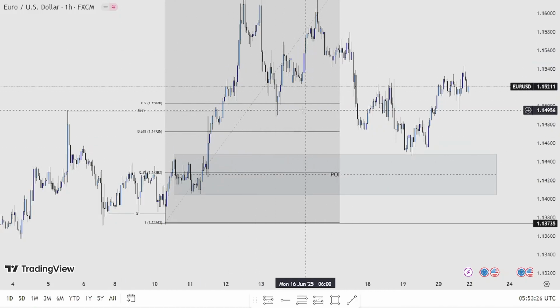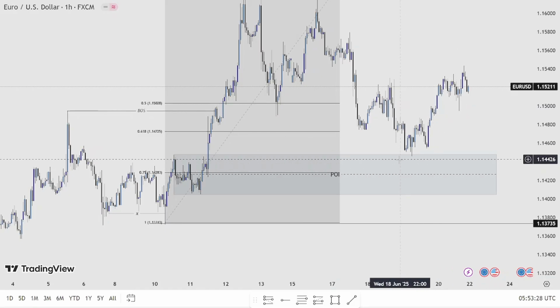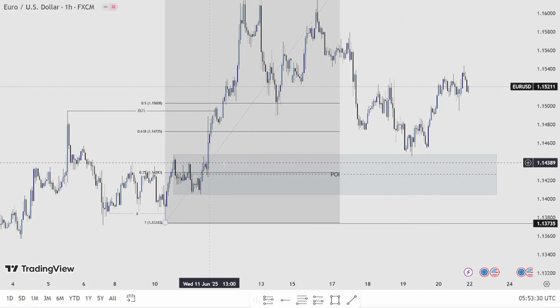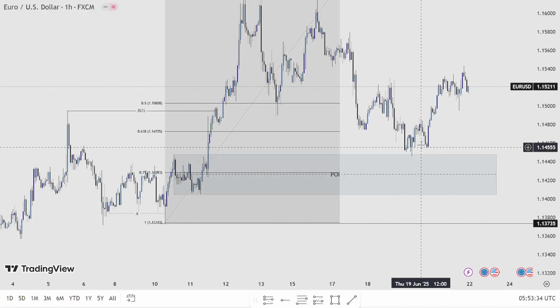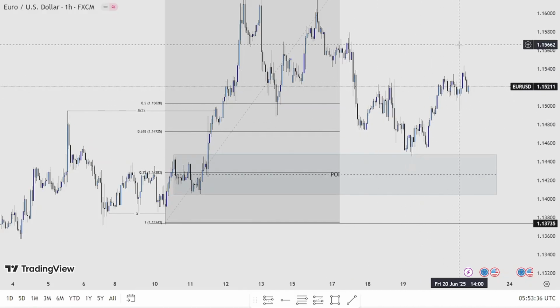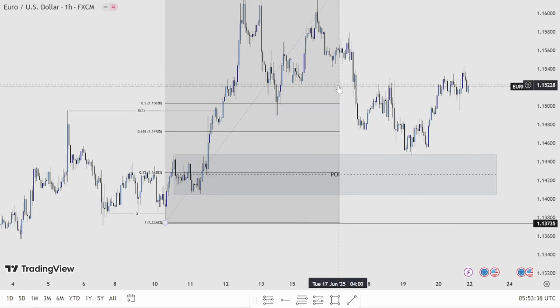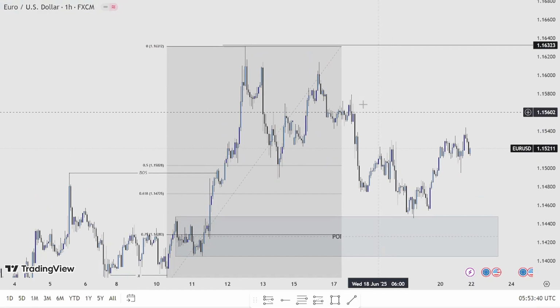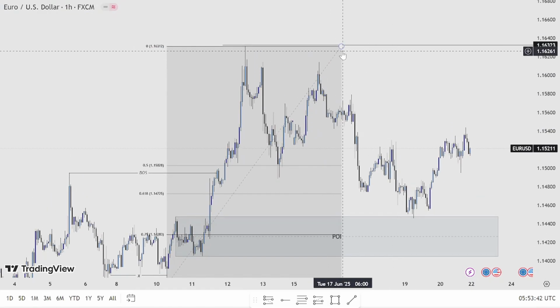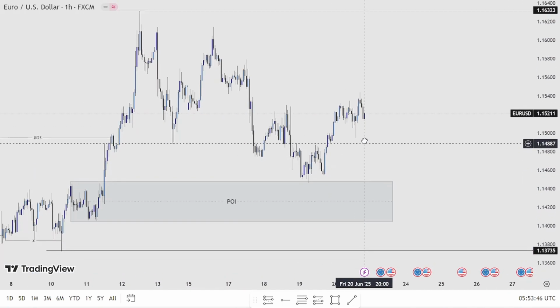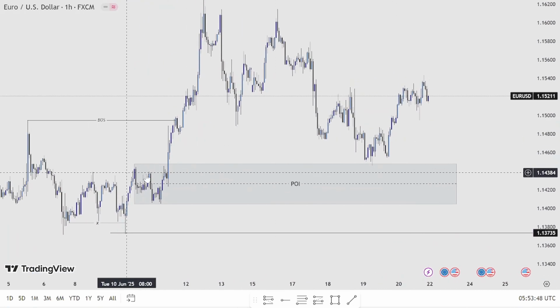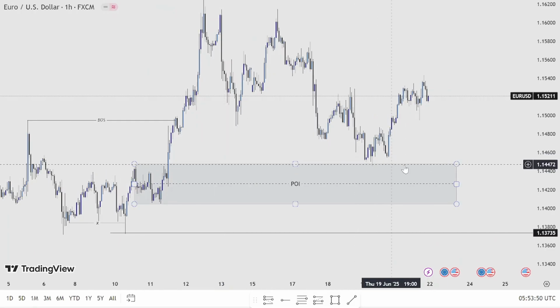As you can see, the market has come to the discount zone and triggered this point of interest and went up and did a V shape. Let me delete this. So we can see that our point of interest has been triggered.